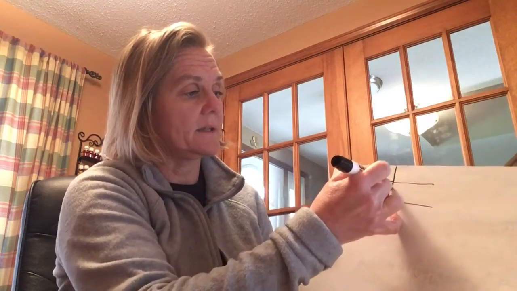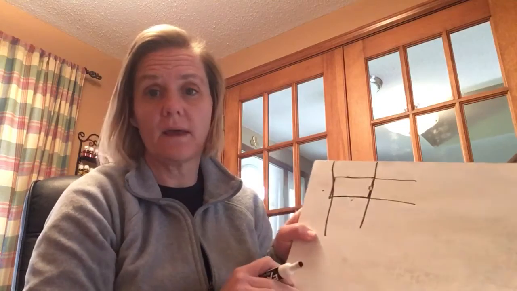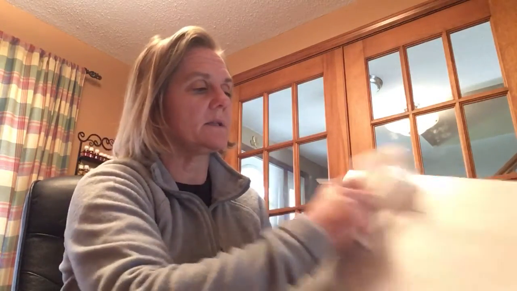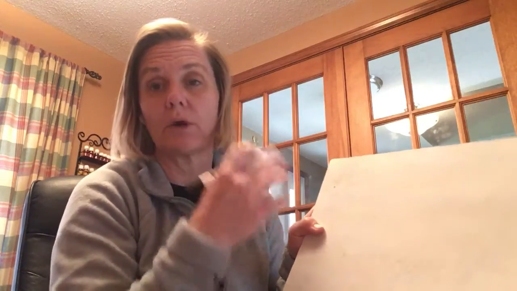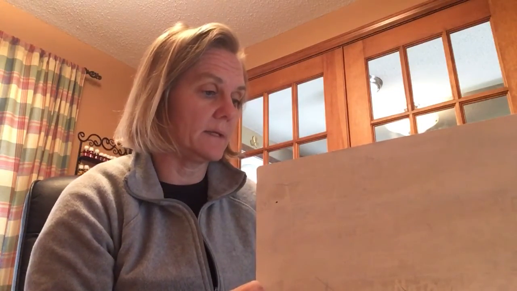Also, if I extended the lines going this way and that way, they're never going to cross over each other, they're straight up and down. So any square or rectangle is going to have parallel sides, the sides that are opposite each other, that look like a railroad track and are never going to cross each other. So that's what parallel sides means.